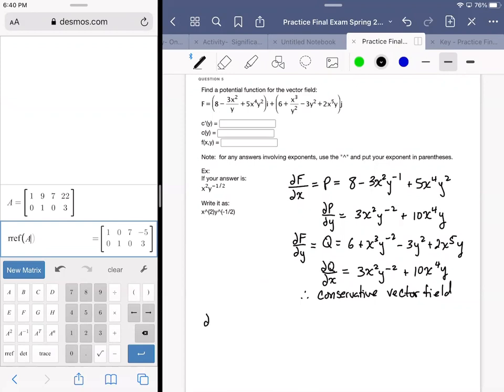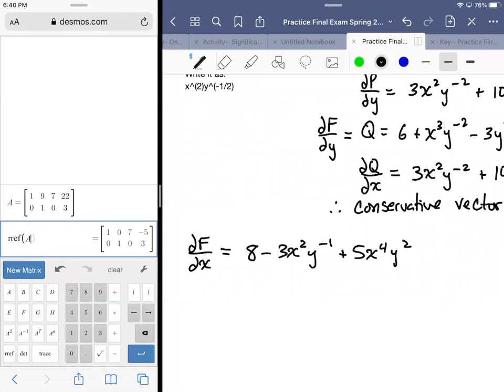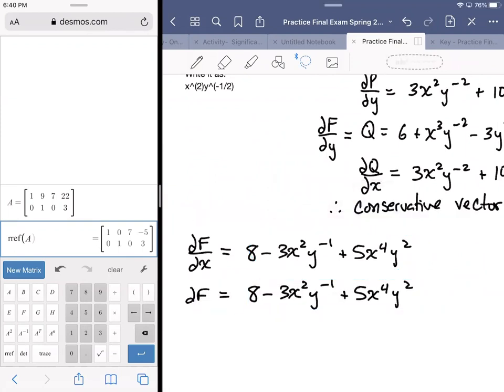All right, so partial f with respect to x is equal to 8 minus 3x squared y to the negative first, plus 5x to the 4th y to the second. I want to get it in differential form, so partial f is equal to all this stuff with respect to x.